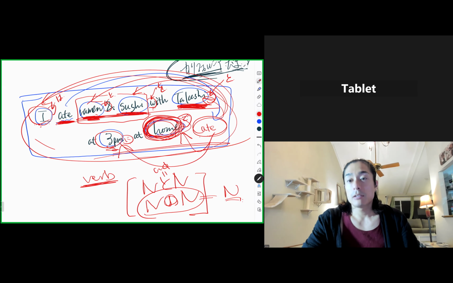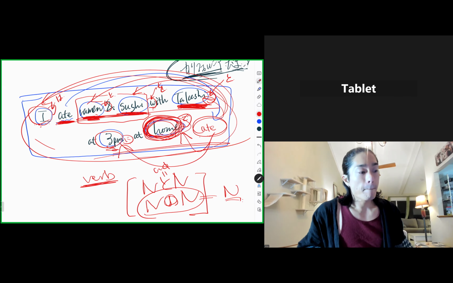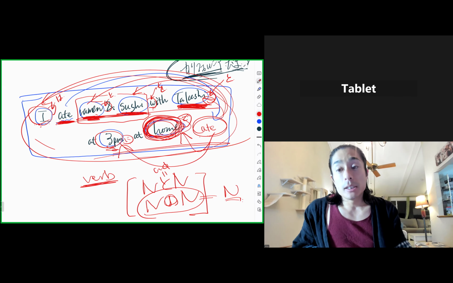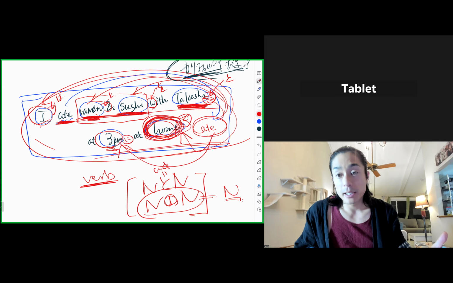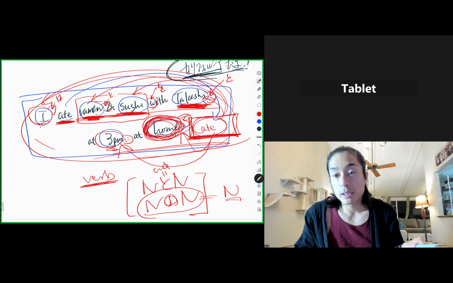Okay. Now that we put all the correct particles, right? This is basically already a Japanese sentence. The only thing we have to do now is translate each noun into Japanese and then the verb ate with the correct conjugation, right? Change that to Japanese and then this will be completely Japanese.